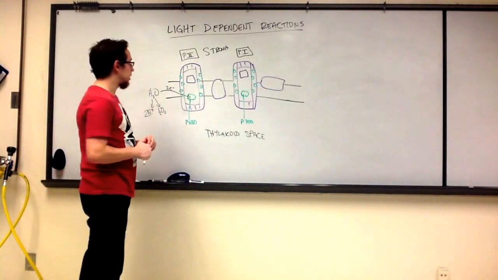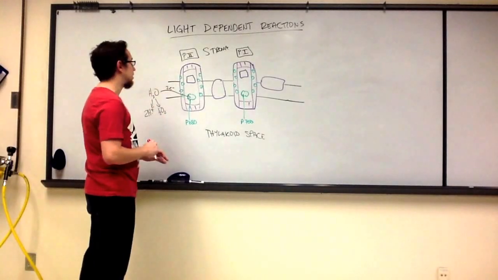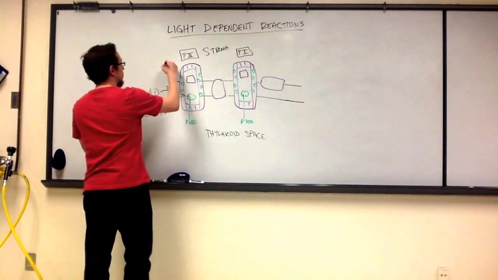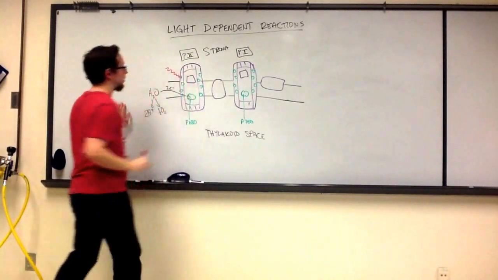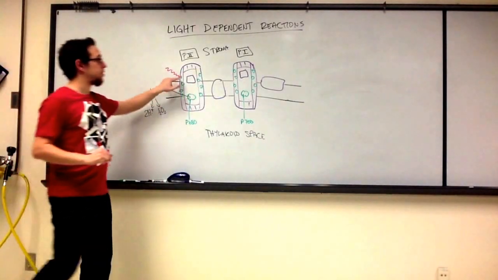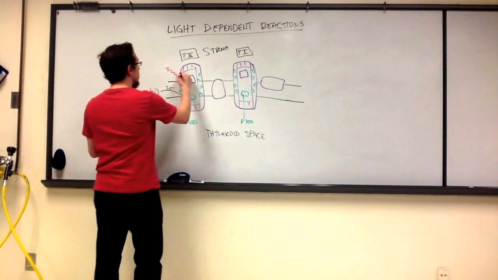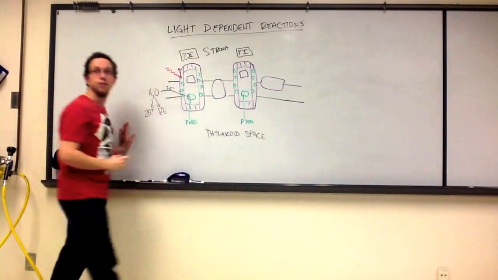Okay? Before these electrons are passed from P680 to any other molecule, sunlight hits and excites electrons in the chlorophyll pigments in these light harvesting complexes, causing them to enter an excited state.